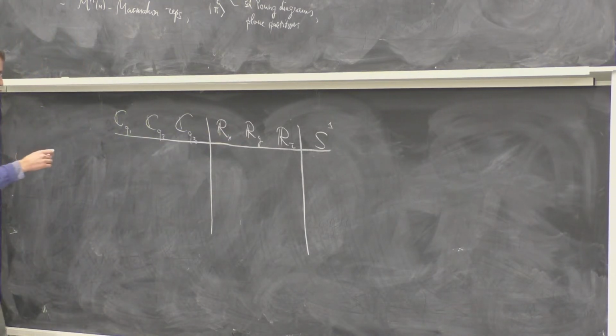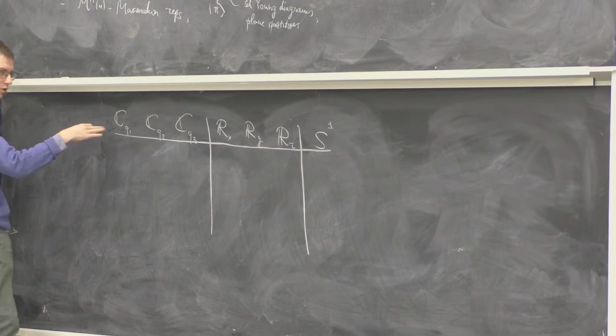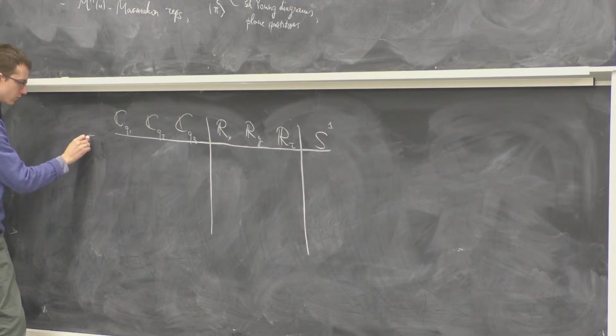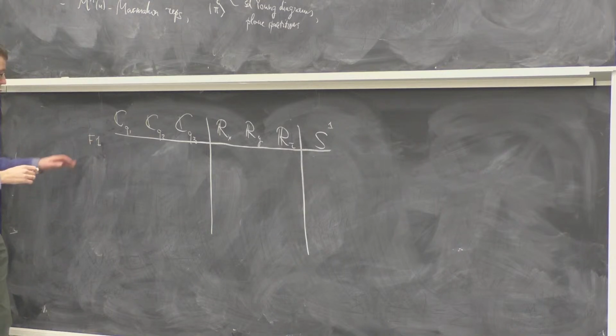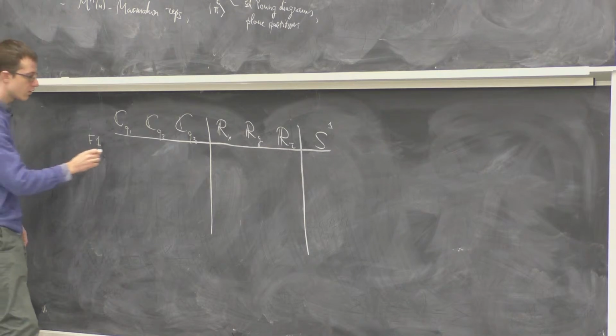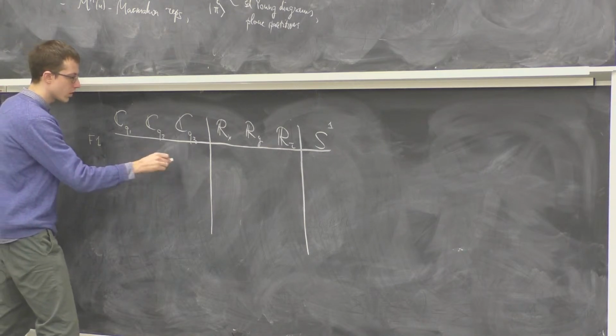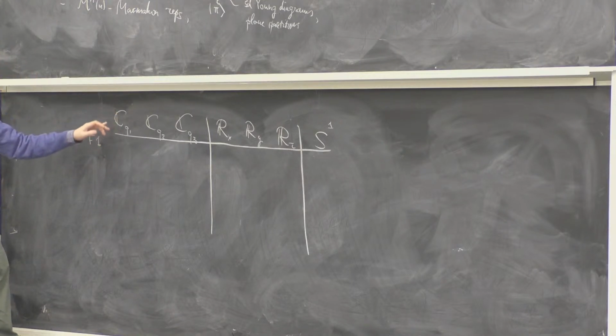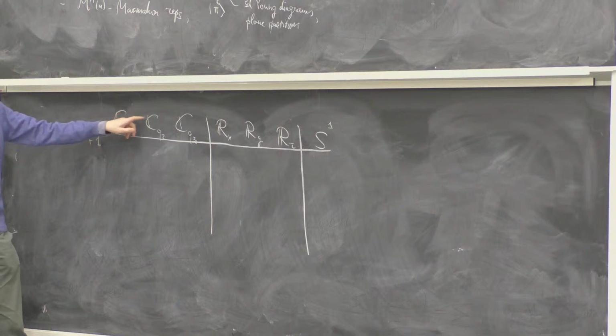So let me now write where the branes are located, which directions the branes span. So, for example, I have F1, which is 2-dimensional. So it's going to be point-like in this direction. Because of the omega background, the things should be invariant under rotations of this C plane.